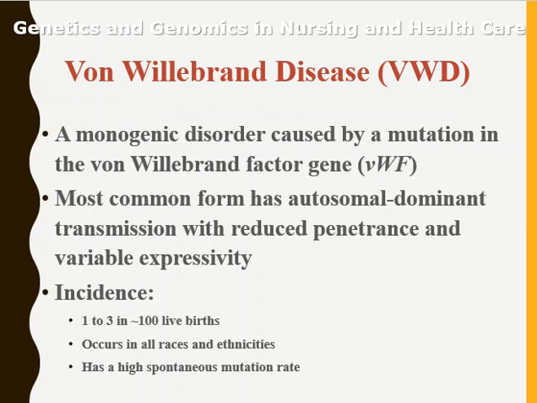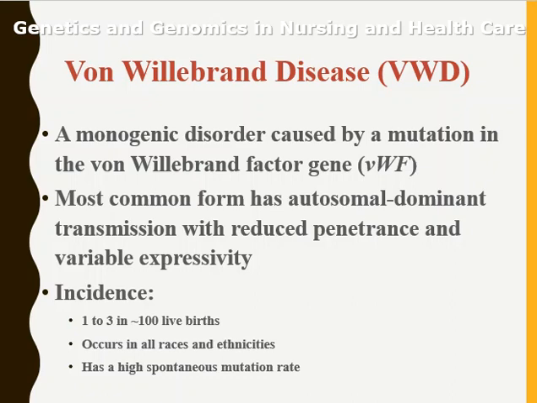Von Willebrand disease, or VWD, is another monogenic disorder caused by a mutation in the von Willebrand factor gene. The most common form has autosomal dominant transmission with reduced penetrance and variable expressivity. There are 3 types of von Willebrand disease.